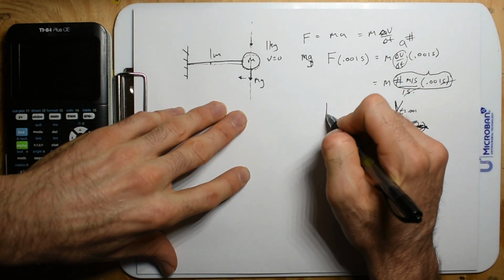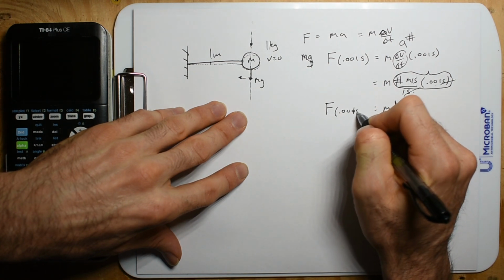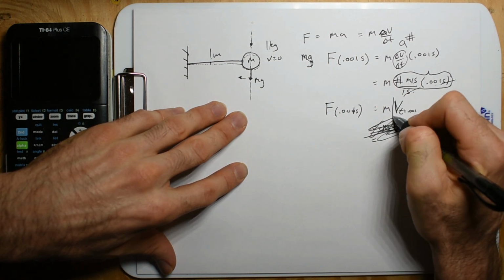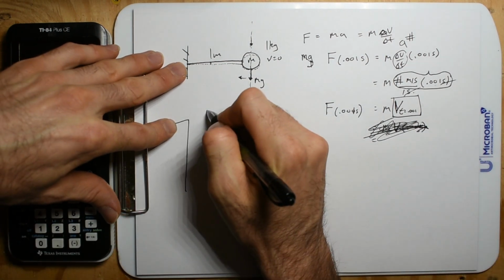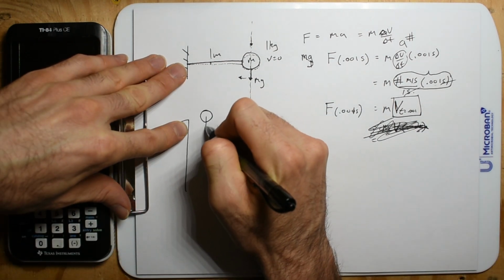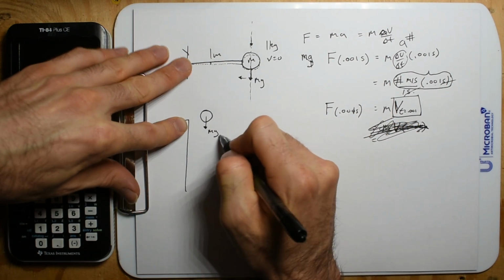Okay, so we're going to run this force for a thousandth of a second, and we're going to get that velocity. Okay, so now let's do the cliff analogy. What are we talking about by running this force for a thousandth of a second? So we have mg.